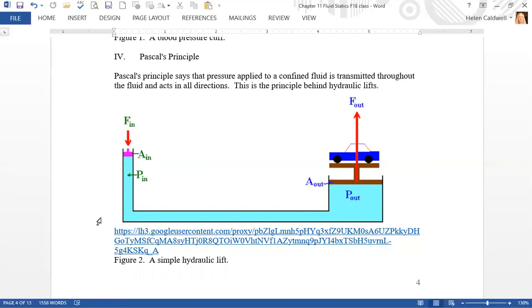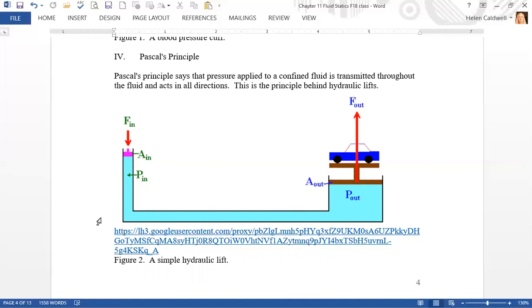So what we have shown in figure 2 is a variable diameter pipe. We have our input with a very small diameter and our output with a very large diameter. If you exert an input force on the small input area, you're going to create a pressure.